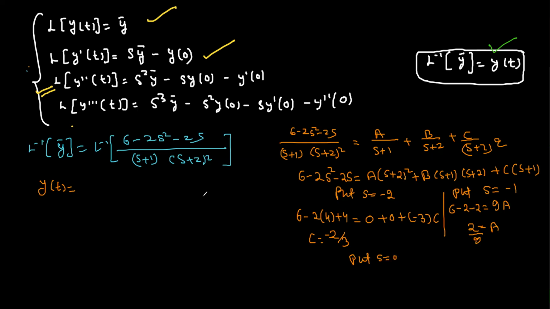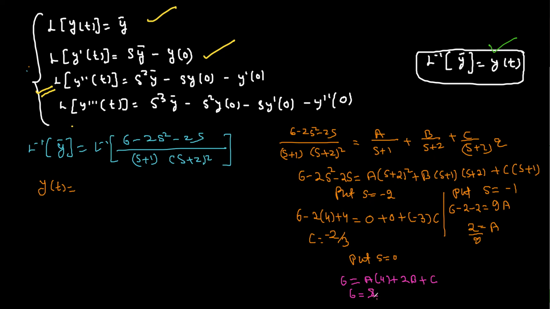Now put s is equal to 0. When you put s is equal to 0, you will get 4 equals A, 2B and C. Put the values of A and C also. So what is A? Sorry, 2 by 9. A is 2 by 9.